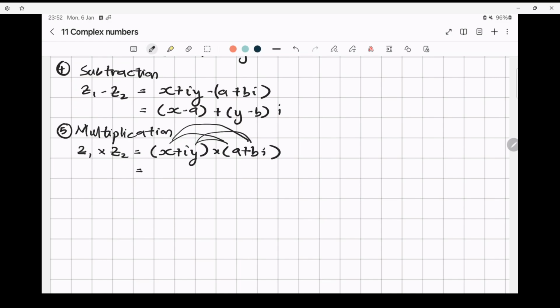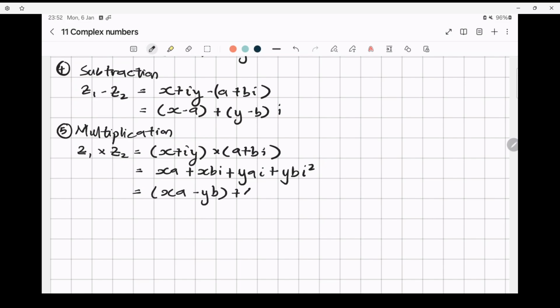Just multiply as usual. So in the end you would get xa plus xbi plus yai plus ybi squared. i squared equals to minus 1. So in the end you would get (xa minus yb) plus (xb plus ya)i. Okay, so that's how you perform multiplication.